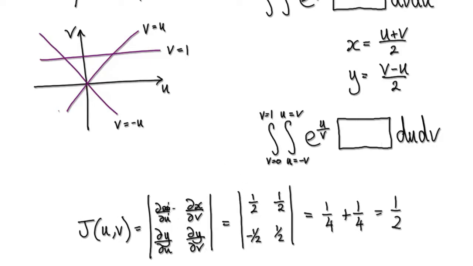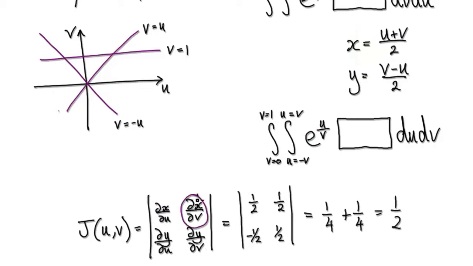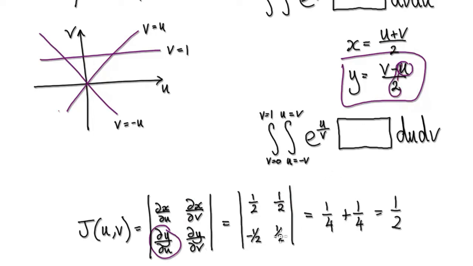So Jacobian: partially differentiate x with respect to u. When you differentiate this, it would become a half. Now differentiate x with respect to v, that would be positive a half. Now differentiate y with respect to u, that would be negative a half.